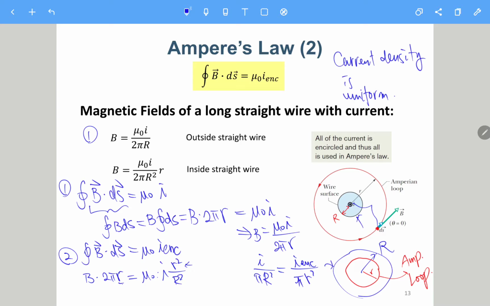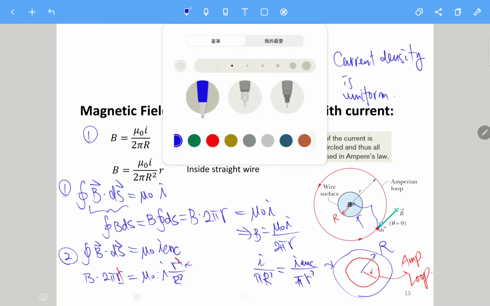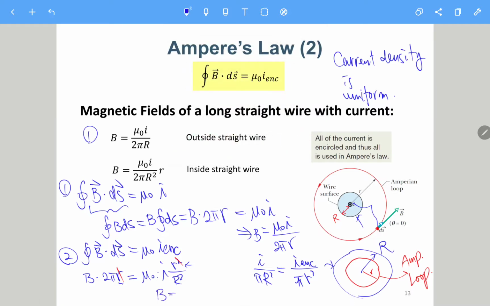So finally we get B equals mu 0 I times r over 2 pi R squared.